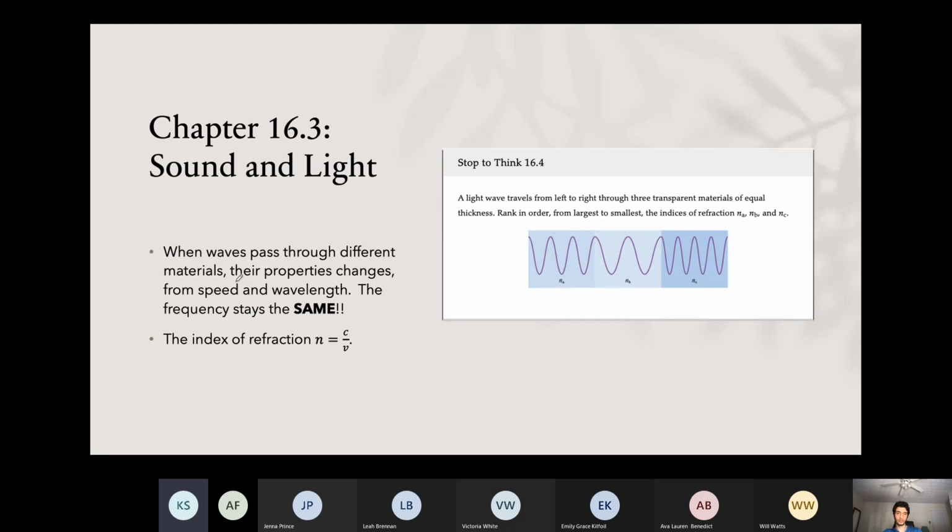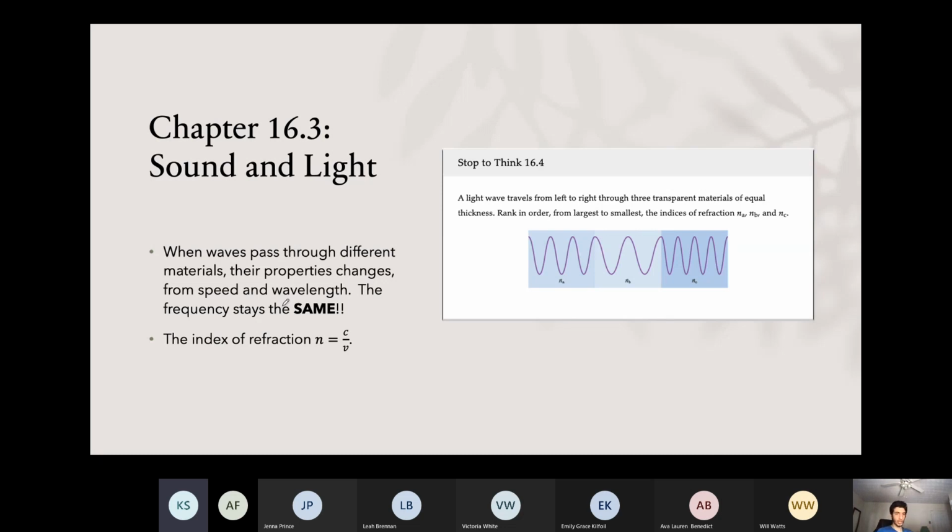Okay. So now we'll look at when we go from one medium to another. When a wave passes through different materials, its properties change, the speed and the wavelength, but the frequency stays the same. As you're going from one medium to another, let's say you're a person moving from pavement to sand.